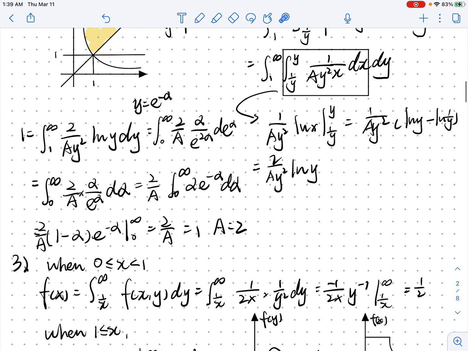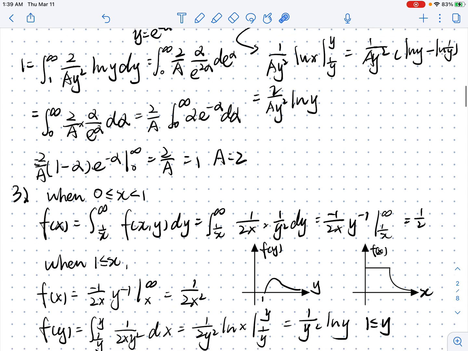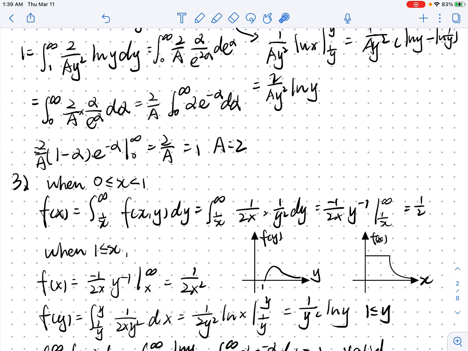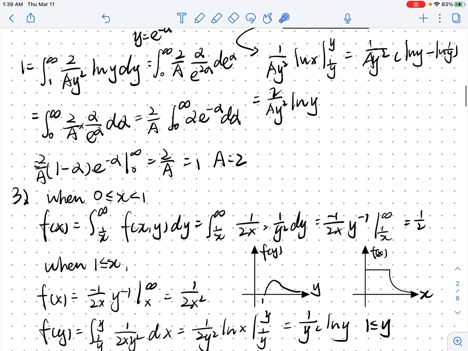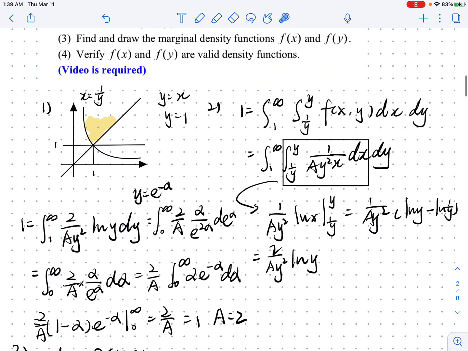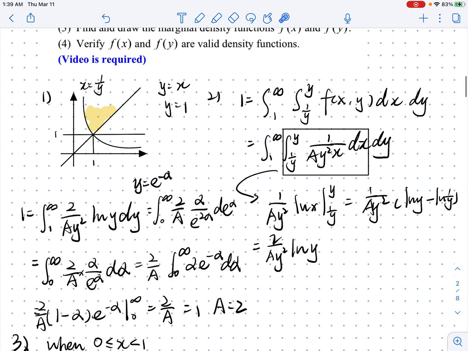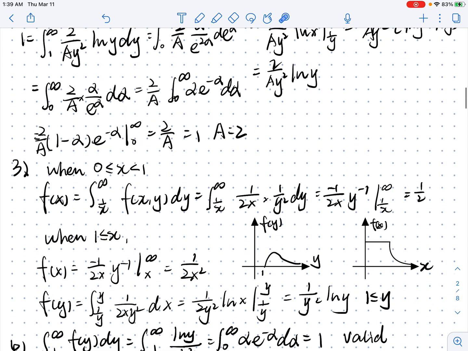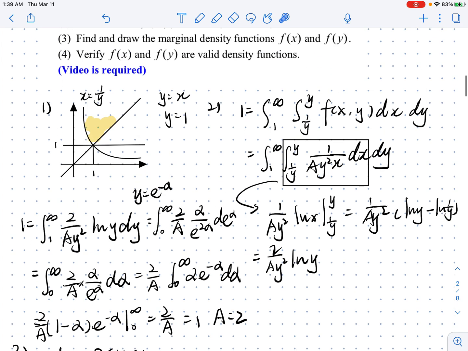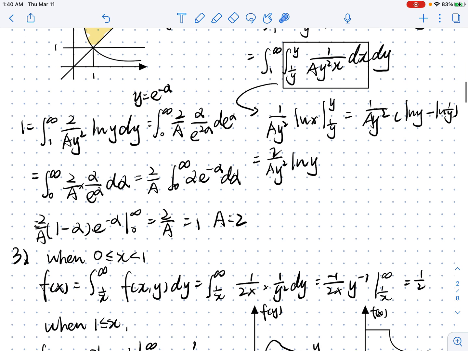The density function for x, when x is larger than 0 and smaller than 1, we need to do the integration from 1 over x to infinity.